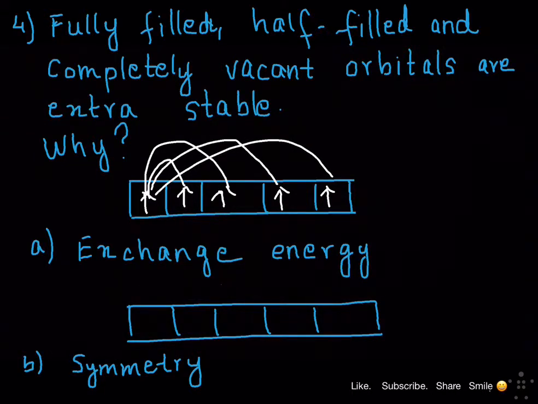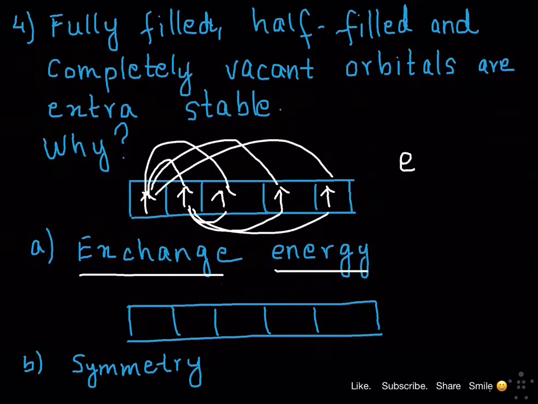So the first electron can exchange places with 4 of them. The second electron, of course we've talked about this, can also exchange places with the other 3. The third one can also exchange places with the other 2. So with each exchange of their orbitals, energy is being released, and that is called exchange energy.